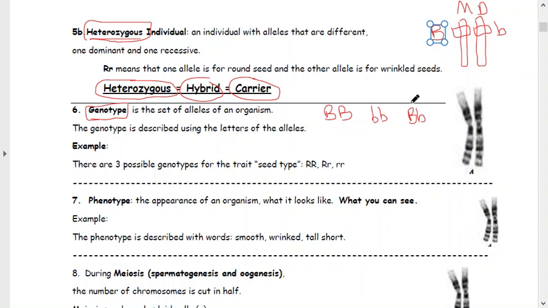And it doesn't matter which order you put them in. I don't really recommend putting them in the opposite order, although you could. It's just personal preference, but I think most people like to have the capital letter first. So there's nothing wrong with having the lowercase letter first, you'll probably just have a preference. So those are the three genotypes that you can have: homozygous dominant, homozygous recessive, and then heterozygous.